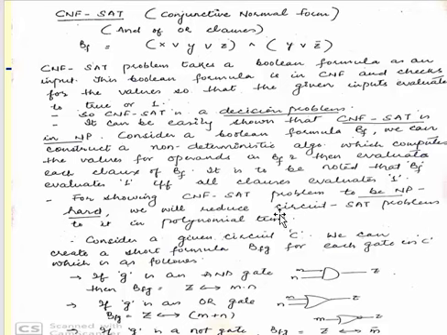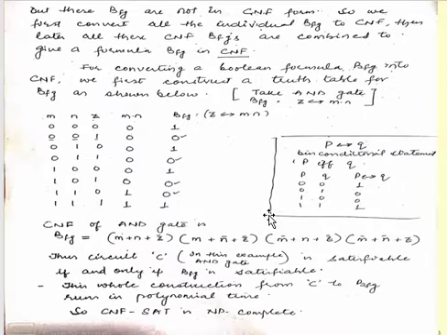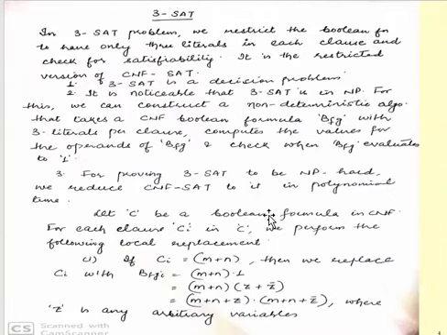You can prove that CNF SAT is NP hard by taking another problem that is already proved to be NP hard. For that, we had taken circuit SAT and reduced it to CNF SAT in polynomial time.